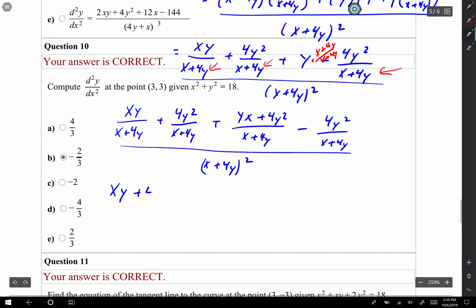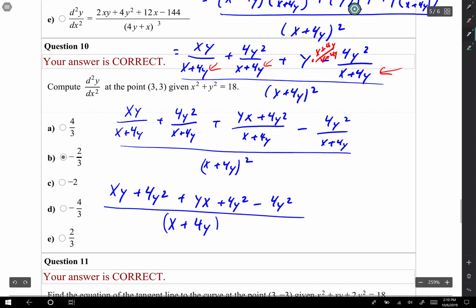xy plus 4y squared plus yx. You can write xy first if you want, but there it is. yx plus 4y squared minus 4y squared, all over (x plus 4y) times (x plus 4y) squared. So these cancel out, and these combine.